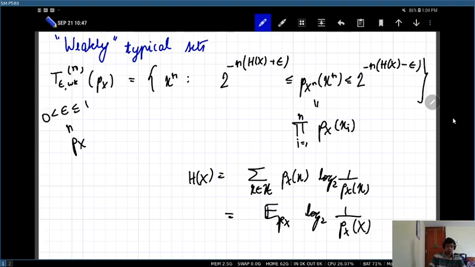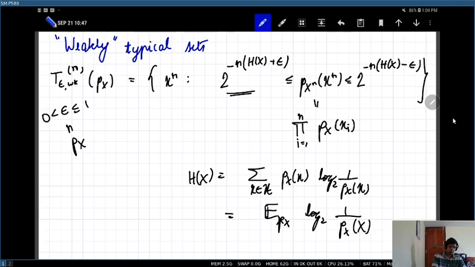So if you had slightly defined the weakly typical set as the set of all sequences whose probability is between 2 to the minus n h of x into 1 plus epsilon and 2 to the minus n times h of x times 1 minus epsilon, then we would have got the same thing, right? So every sequence in the strongly typical set also satisfies this property in some sense.